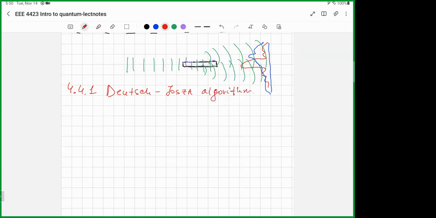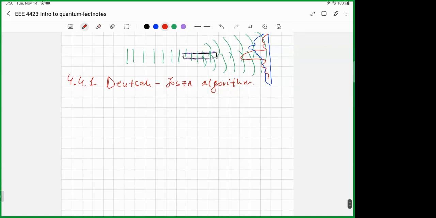So the Jozsa algorithm is just a generalization of Deutsch to n bit functions.